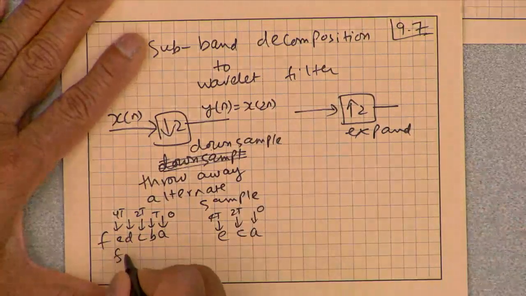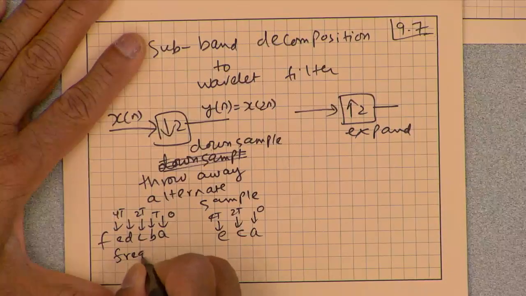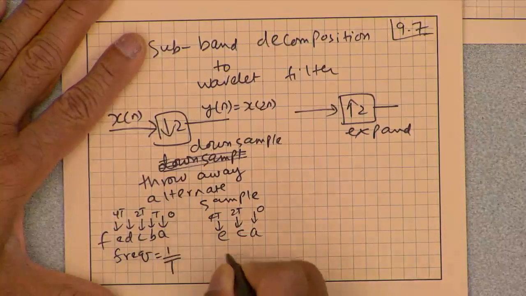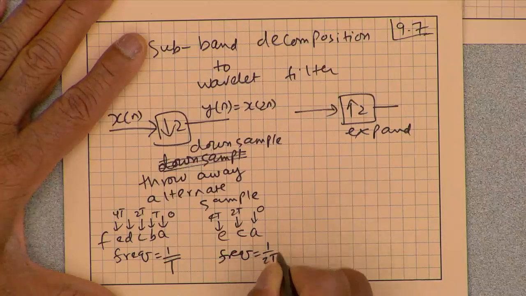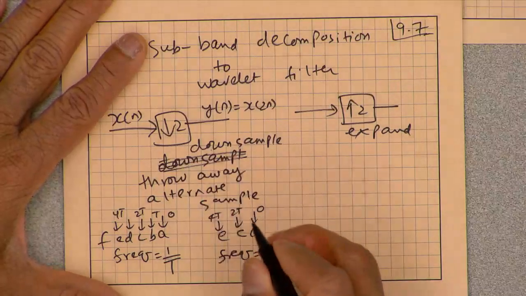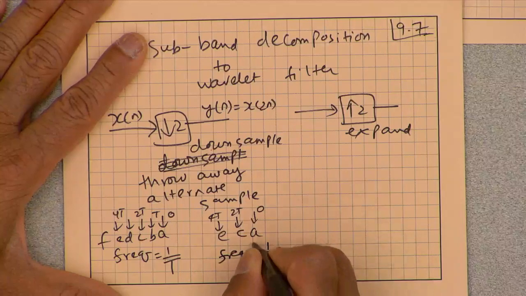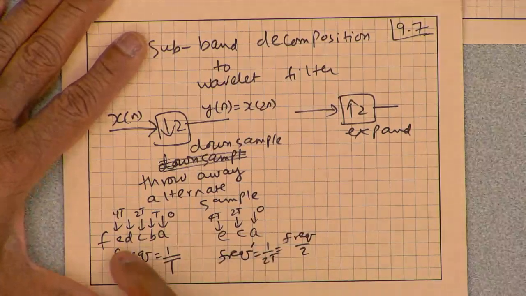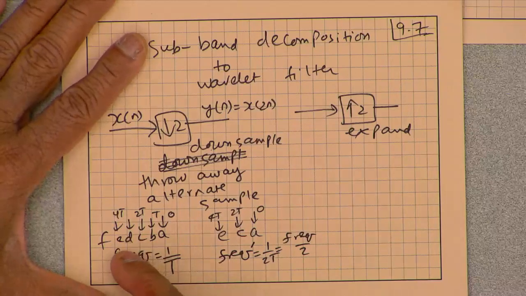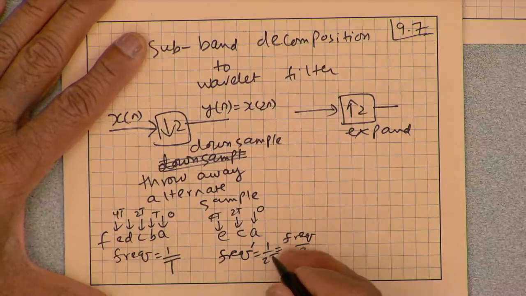So the frequency, which is 1 by t, is now 1 by 2t, which means the new frequency is the old frequency divided by 2. If this was sampled at 20 kilohertz, this is sampled at 10 kilohertz.